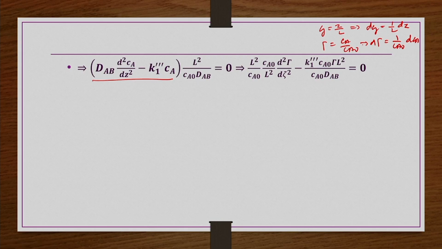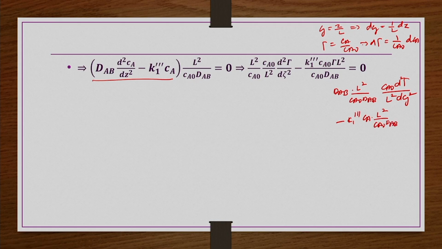Now here first we have the first term dAB, and then multiplying by L square divided by Ca naught dAB, and in place of this d square Ca we have Ca naught d square gamma divided by, in place of dz square we have L square d zeta square, minus k1 triple prime Ca multiplied by L square Ca naught dAB. This is the other term.